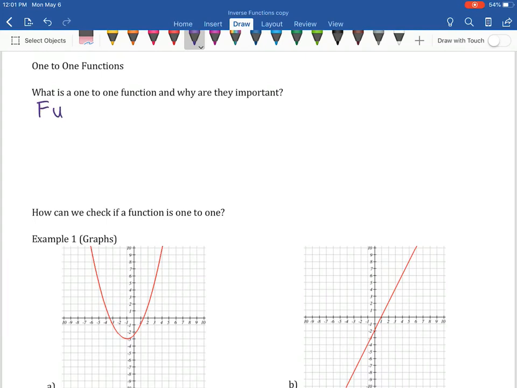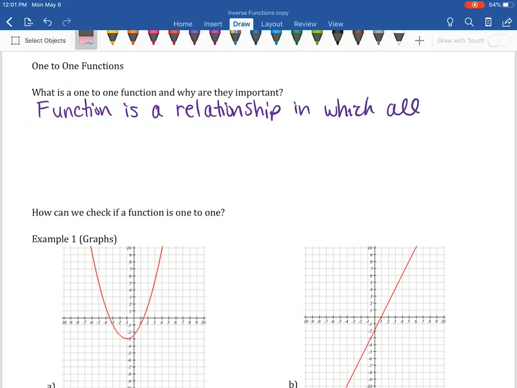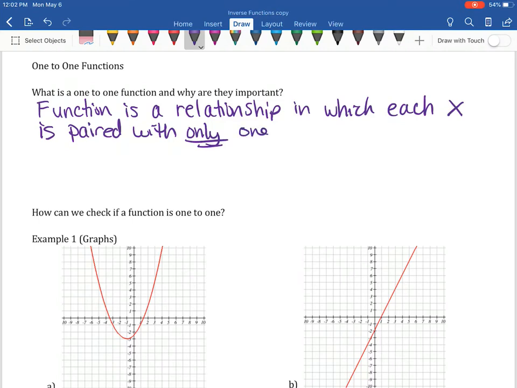A function is a relationship in which each x is paired with only one y value.